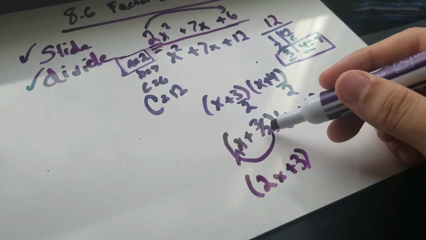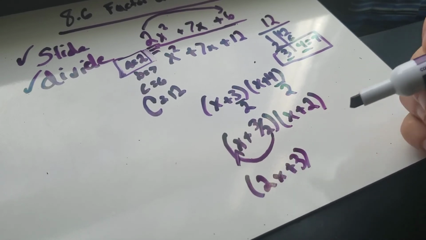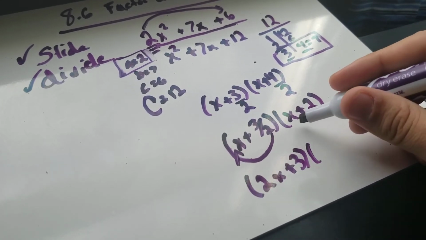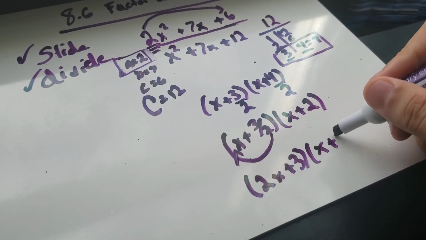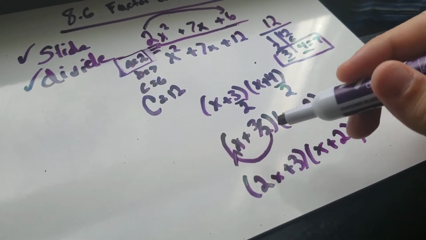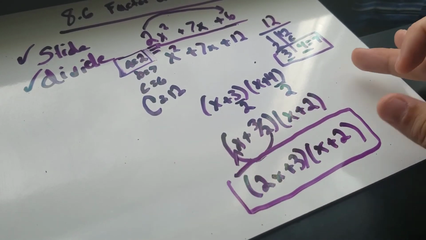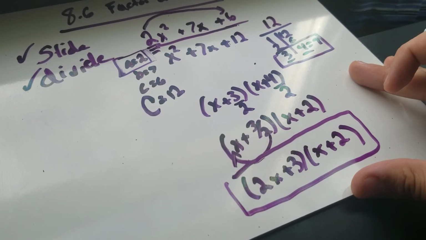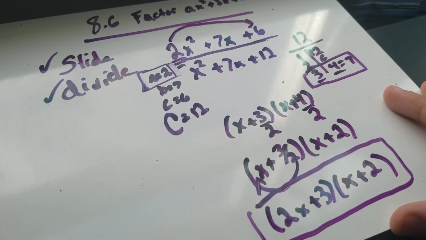I moved the denominator in front of the x. This one had no denominator, so we're happy with that. We're okay. X plus 2. So your answer is going to be 2x plus 3, x plus 2. I'm more than happy to do another example of this.